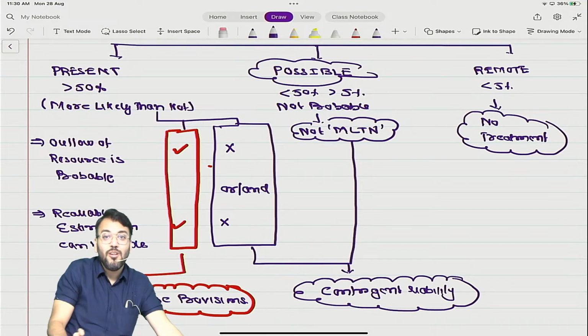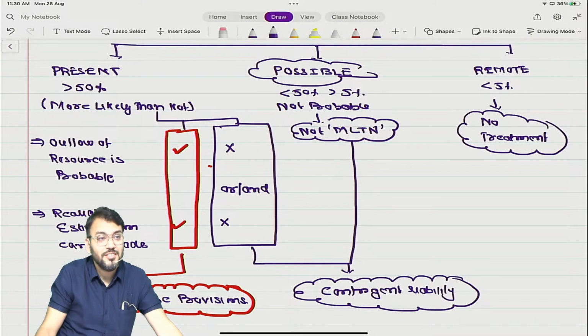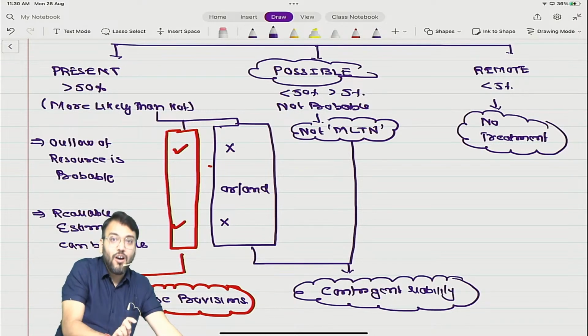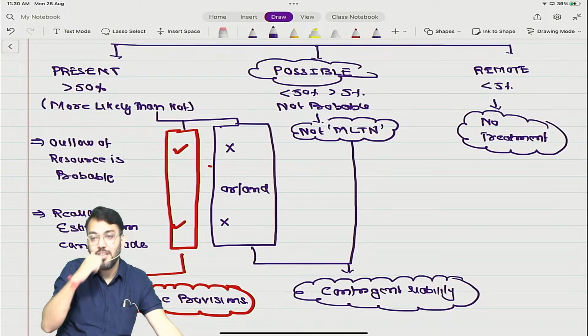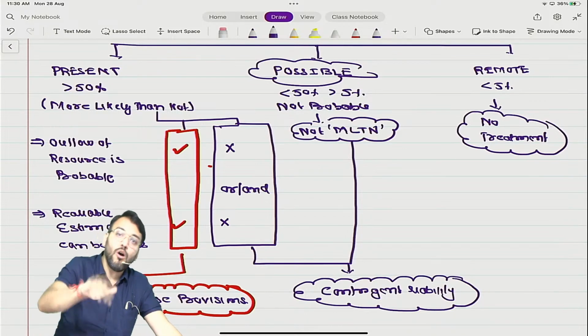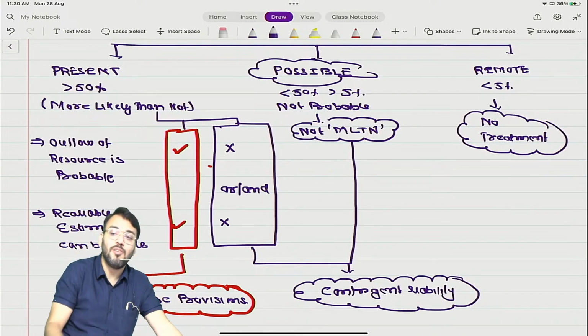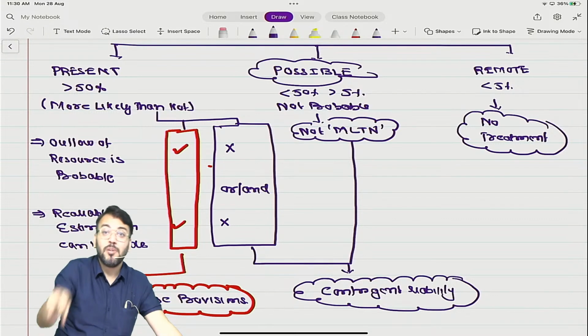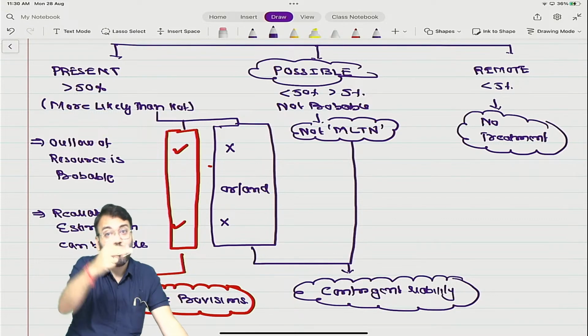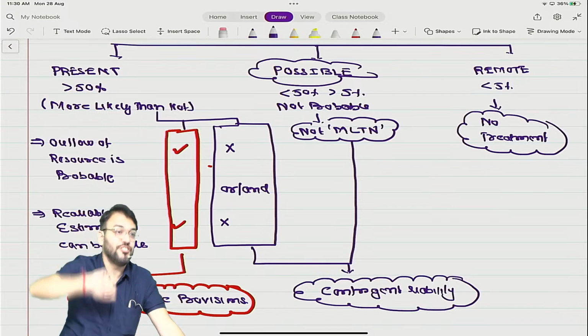Am I right or not? All possible obligations will always be what? Contingent liability. But a present obligation may be provision, may be contingent liability depending upon those two conditions.